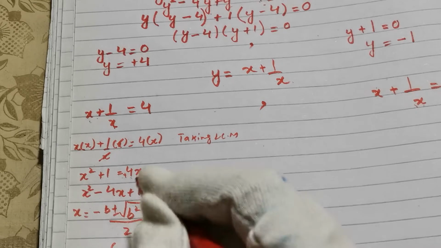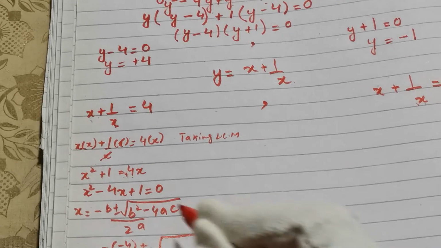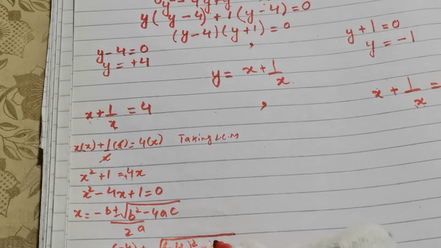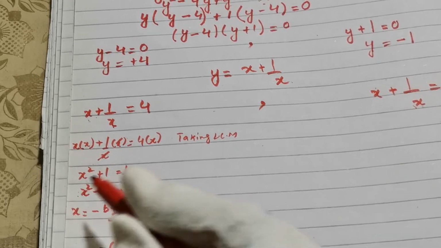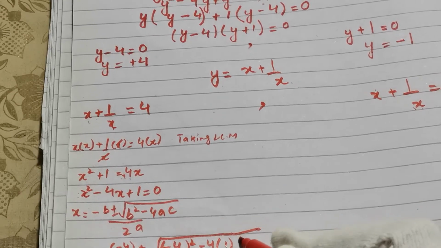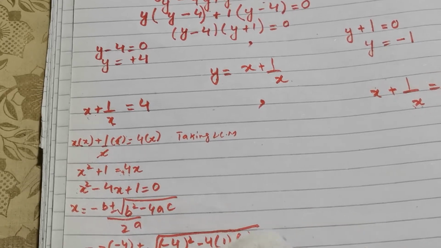So minus b is minus of minus 4, plus minus under root b square, minus 4 square, minus 4ac. The coefficient of x square is 1, a is 1, and c is also 1. 2 into a is 1.